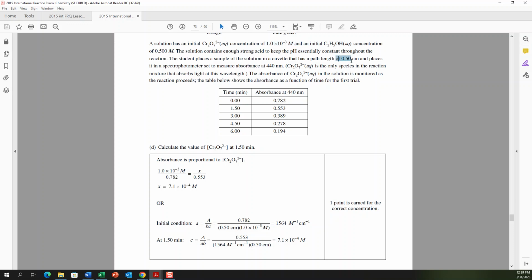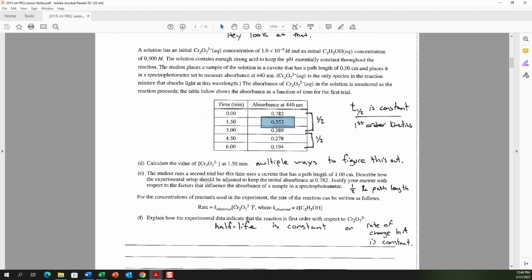It was 0.5 centimeters. We can plug that into Beer's law and solve for a, lowercase a. And so then we get a molar absorptivity. And now that we have the molar absorptivity, we can go back to Beer's law and solve for C. And notice, either way, we got the same answer, 7.1 times 10 to the negative 4. And you don't have to use scientific notation. You could say 0.00071 if you wanted to, but probably easier to use scientific notation.